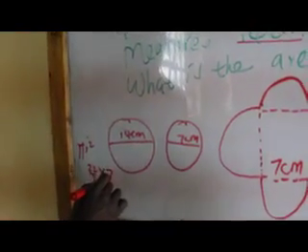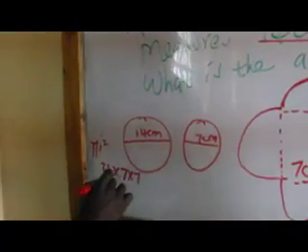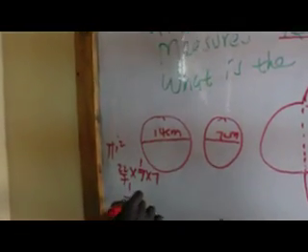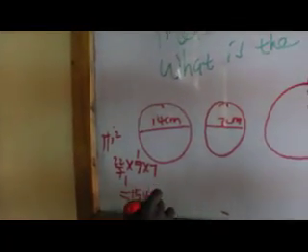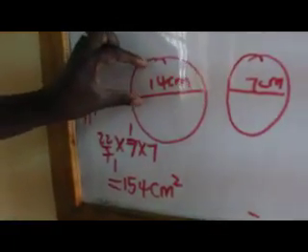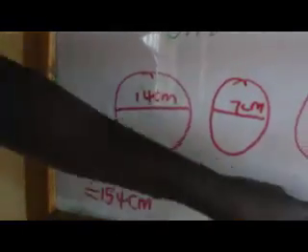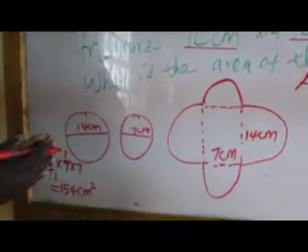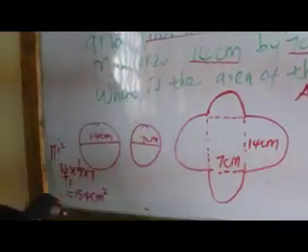That is going to be times 7 times 7. By 7, 1, by 7, 1. 22 times 7 is going to give us 154 centimeters squared. That is the area of these 2 semicircles which we have joined to form a circle whose diameter is 14.